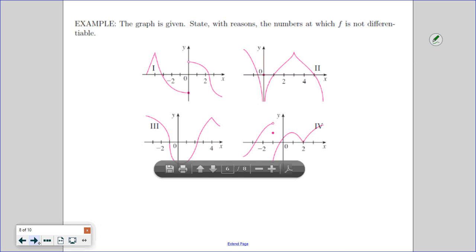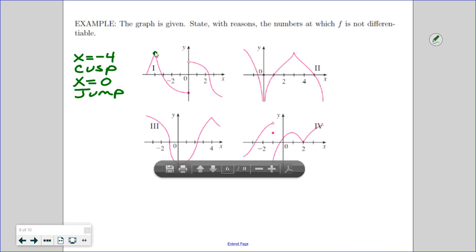Well, I'm noticing there's a sharp corner at x equals -4. So this function is not differentiable at x equals -4 because of the cusp. And then I'm noticing there's a jump discontinuity when x equals 0. So this function is not differentiable at x equals -4 because of the cusp, and also at x equals 0 because of the jump discontinuity.